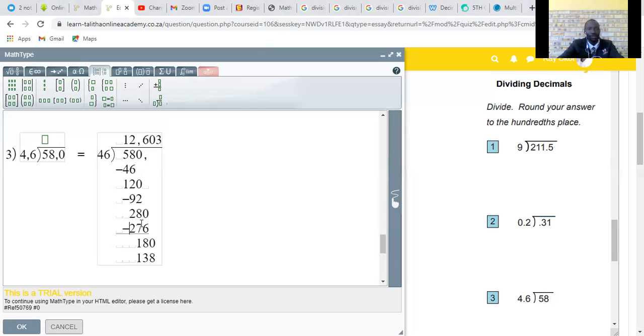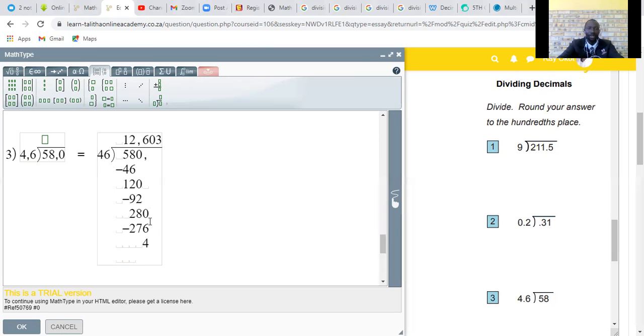Now the question is, what do we get when we subtract this? Well, 276 from 280 will give us 4. So now, can 46 be divided by 4? No. 46 cannot be divided by 4.